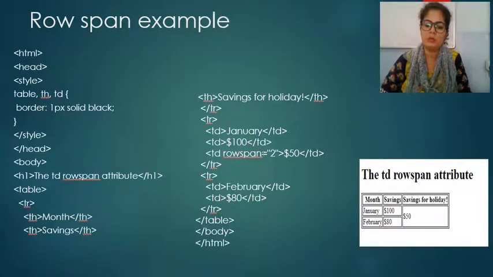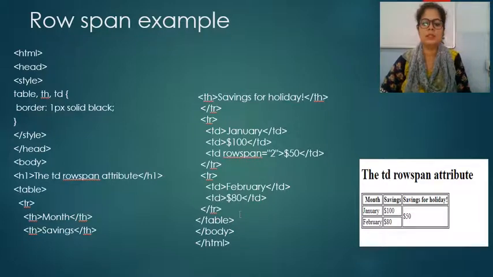That's why we have used rowspan. This is the reason why we have used only 2 TD tags in this row, because we have only 2 cells in the third row. This cell is of the second row, which is merged. Then table tag close, body tag close, HTML tag close.